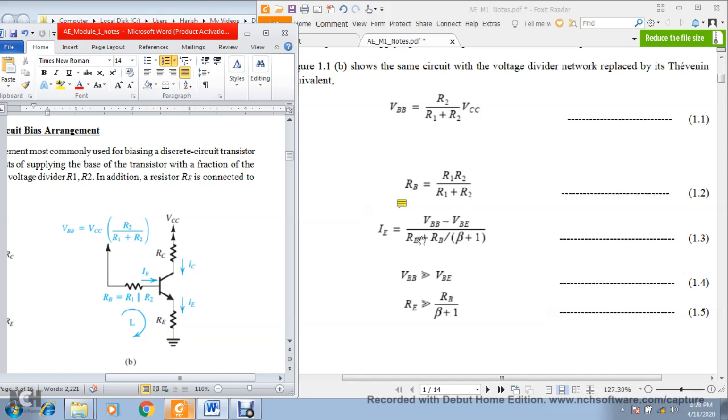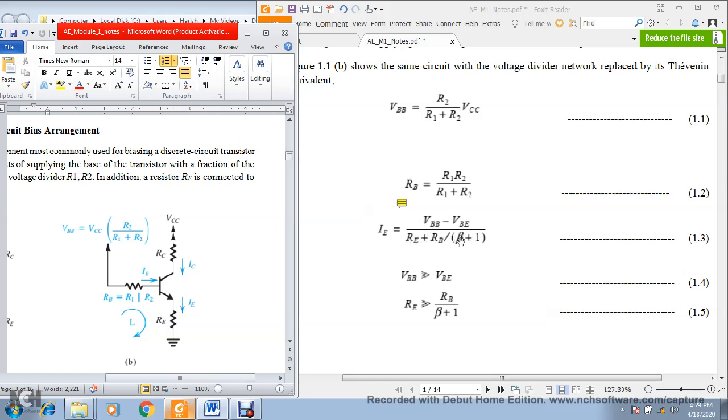So when IE increases because of change in beta or any other reasons, temperature changes, the emitter voltage increases and VBE decreases, which forces IE to decrease, because all other parameters are constant here.